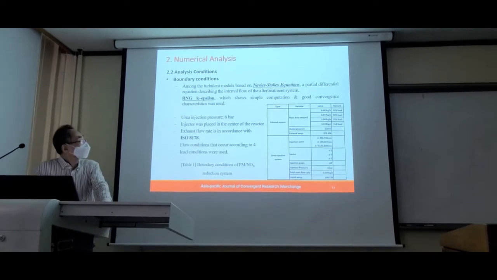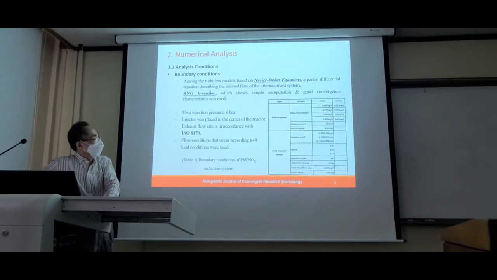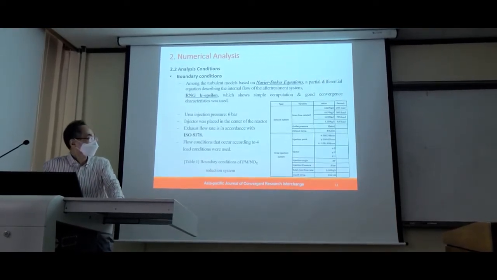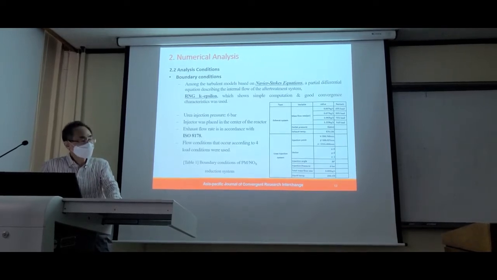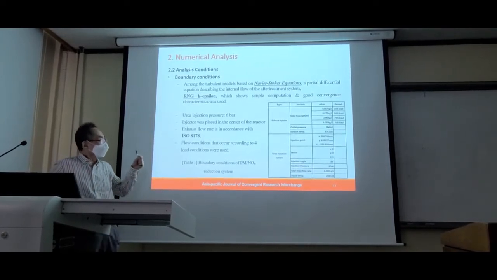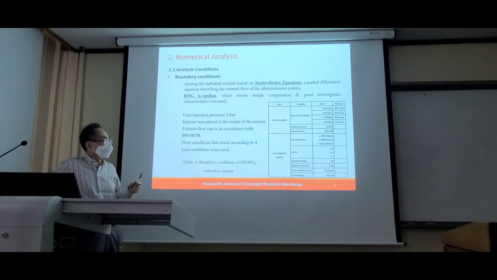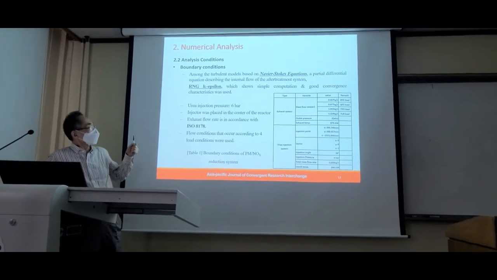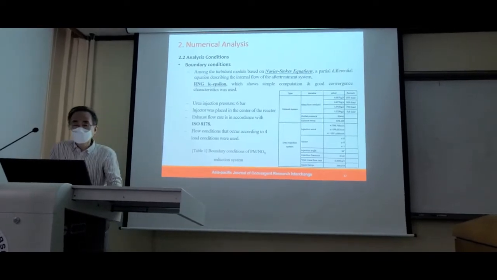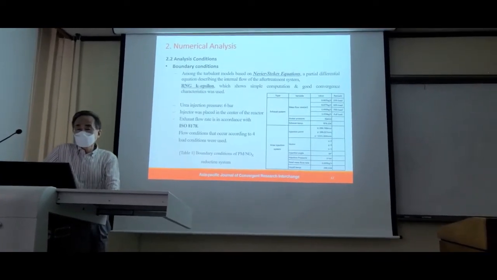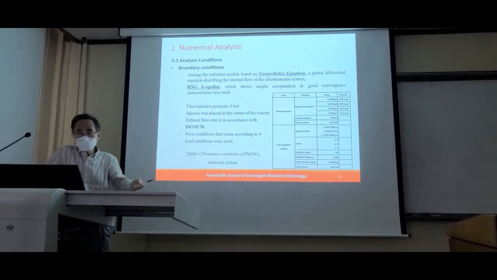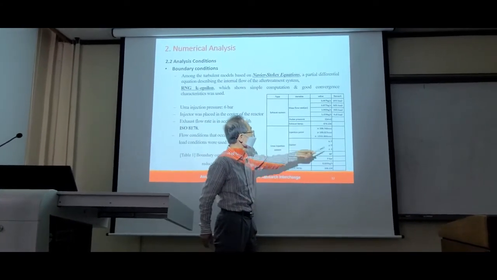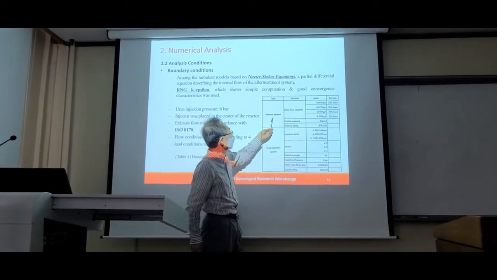For the boundary conditions, this is a very important thing, because if a wrong boundary condition is given, the solution is not correct. So we are very cautious about the supply boundary conditions. In this case, we apply these boundary conditions.